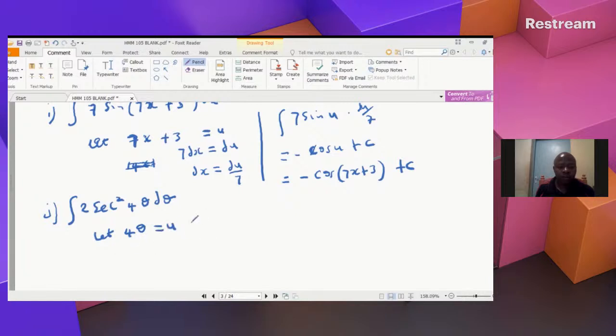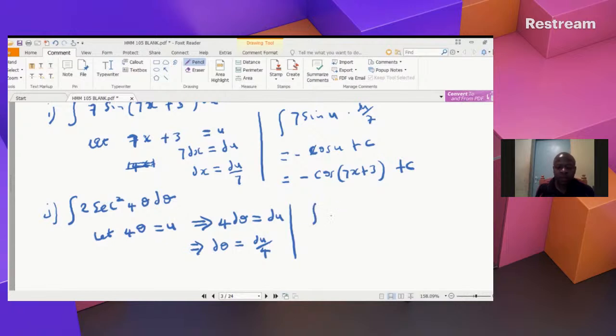And so differentiating both sides, we define that 4 d theta equals du, which implies that d theta is du out of 4. And then you can come and just substitute.